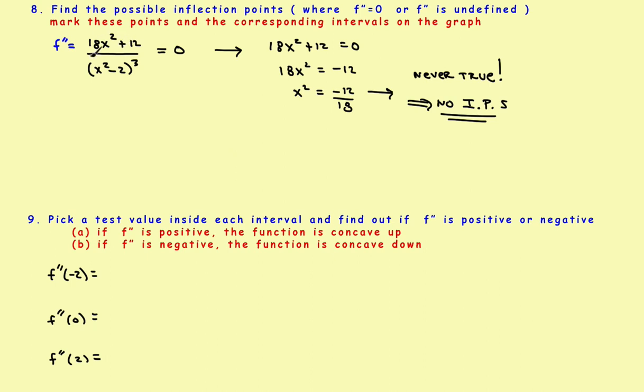So we'll plug it in, and we'll actually plug it into this second thing right here. So everywhere we've got an x, we'll plug in a -2. So this is going to be 18 times -2 squared plus 12 divided by -2 squared minus 2. This time, though, it's going to be cubed.